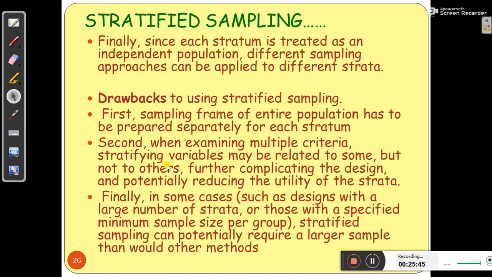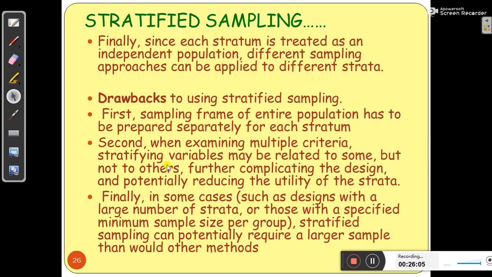Finally, in some cases, such as designs with a large number of strata or those with a specified minimum sample size per group, stratified sampling can potentially require a larger sample than other methods.